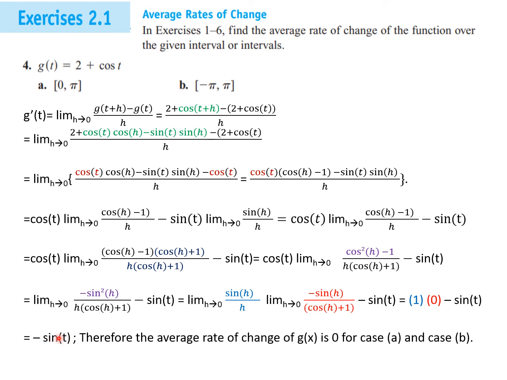And if we just do regular derivative, then derivative of the right hand side will be 0 plus the derivative of cosine t is equal to negative sine t, which is the same result that we reached. Therefore, the average rate of change of the function g of x is 0 for case A, and it's also 0 for case B.